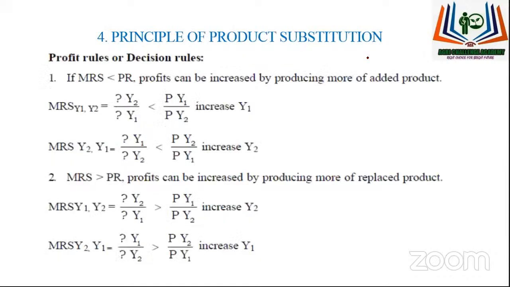Today I am explaining the principle of product substitution. The equilibrium, the optimum point for the optimum product combination, is where the marginal rate of substitution is equal to the price ratio. Sometimes they ask which of the following represents the optimum product combination.